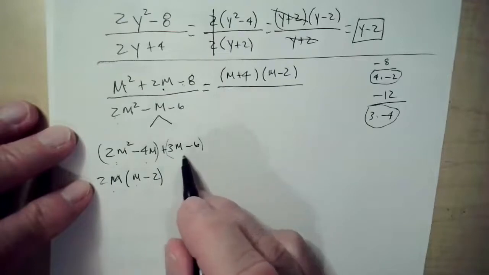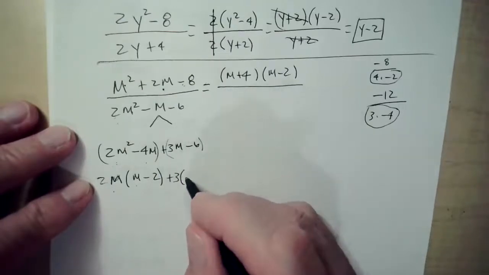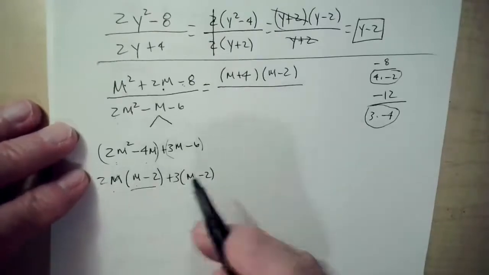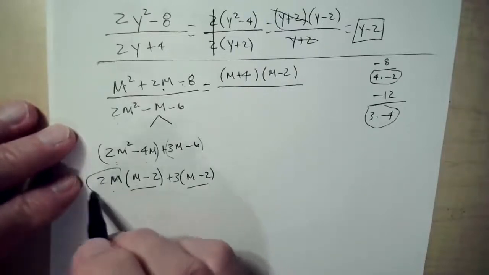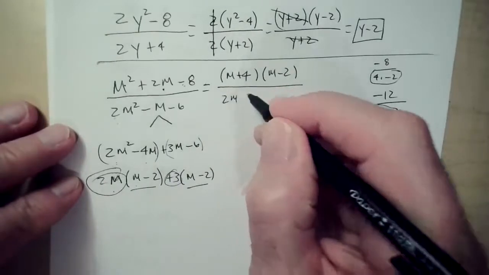Is that right? 2m times m is 2m squared, right? 2m times negative 2 is negative 4m, that's right. And what can we factor out of here? 3, open, m minus 2. And remember, these two must be the same.